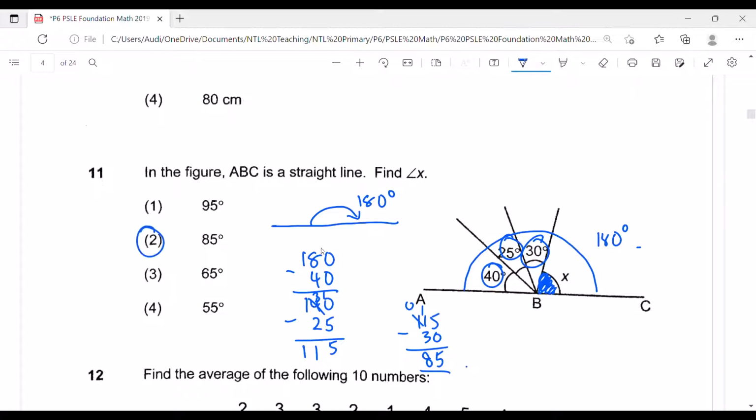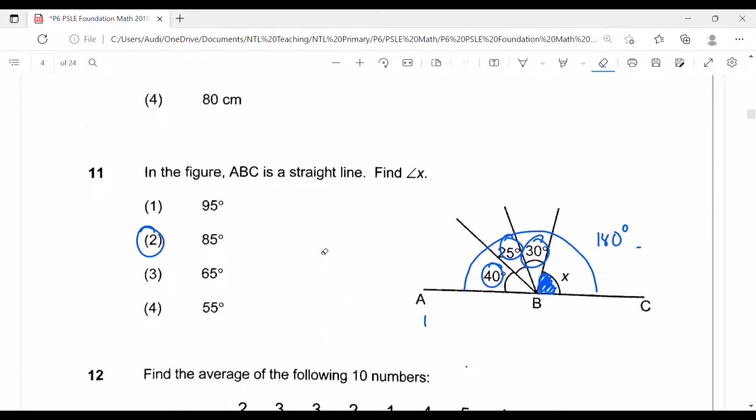So that's our answer, 85. Pause the video, try this question again, and then move on to the next question.